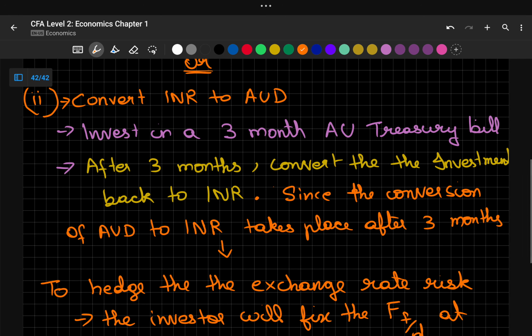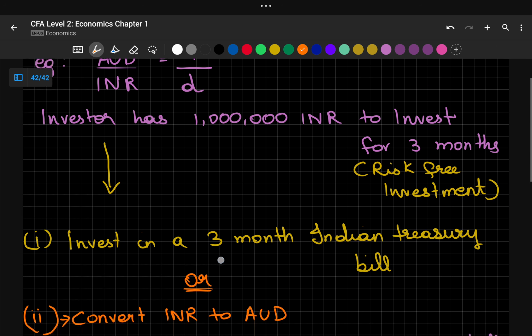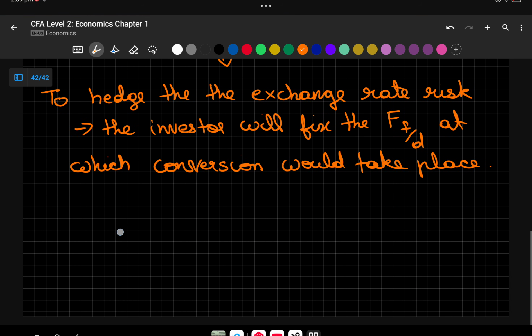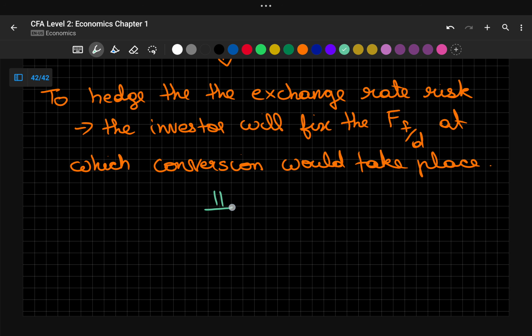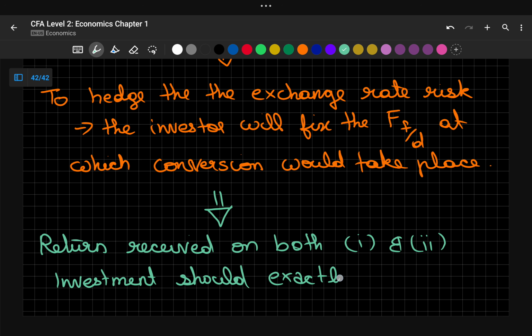So these are the two options that the investor will have if he has 1 million INR to invest, as per our example. Now, for the covered interest rate parity to hold, the return received on both the first and second investment should be exactly the same.